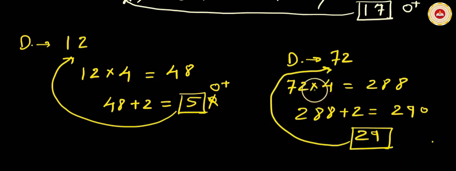So friends, this is how we calculate positive osculator for given divisor which contains 2, 4, 6 and 8 in its units place. Understand one thing, you need 8 in the units place of a divisor to calculate positive osculator.